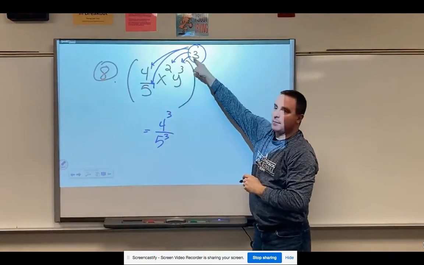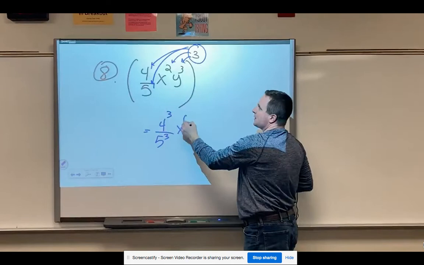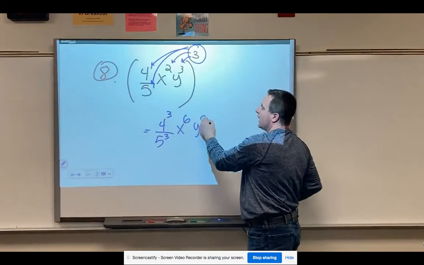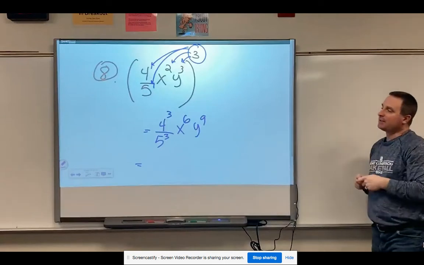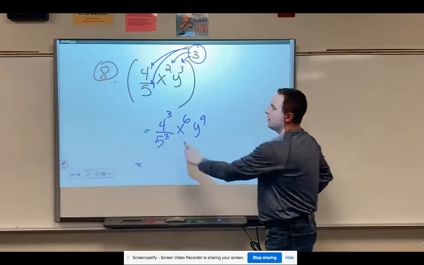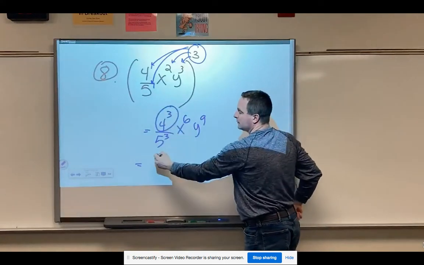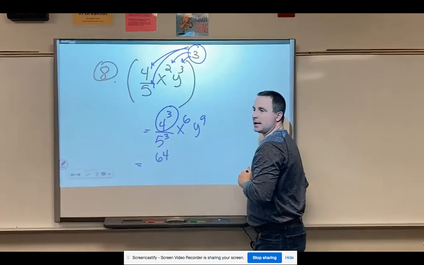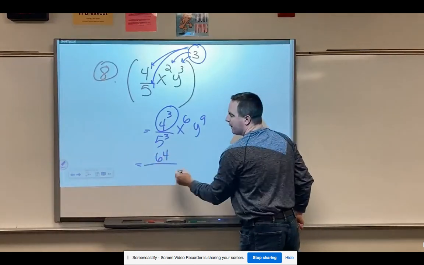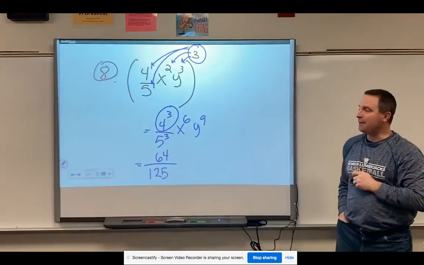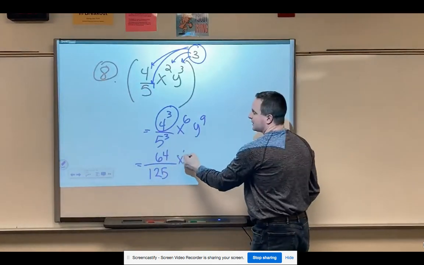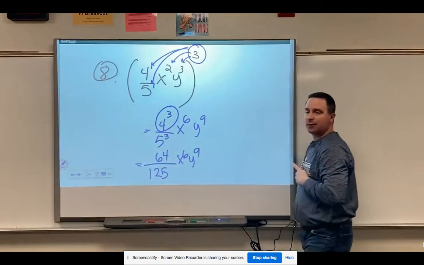Okay, I'm going to multiply my x's, x to the 6th, y to the 9th. And last but not least, if I just simplify my fraction, 4 to the 3rd power is 64, if you did 4 times 4 times 4. 5 to the 3rd power is 125, and then x to the 6th, y to the 9th.